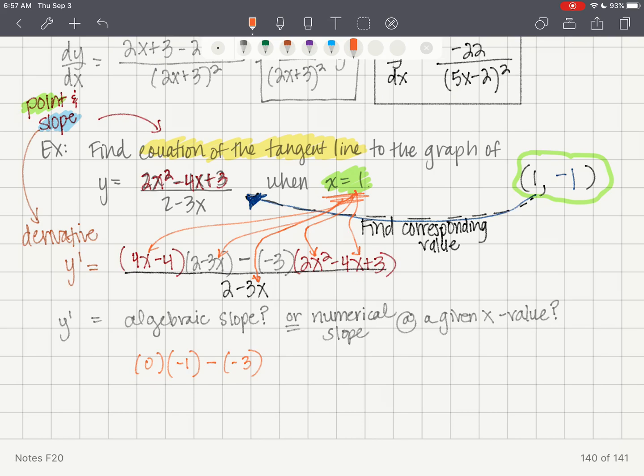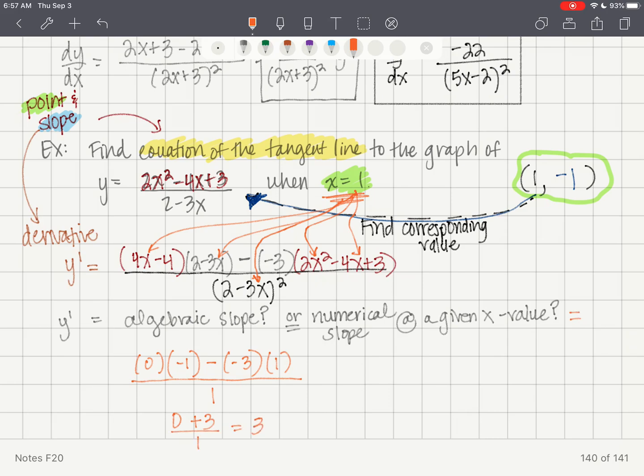Negative 2 plus 3 is 1. And I just realized the denominator is squared. I don't even know if I said that, but that's what I meant. So I've got to go back and fix that, because that's a game changer. You've got to square that denominator. And then that's all over 2 minus 3, which would be negative 1. Negative 1 squared is positive 1. So I've got 0 plus 3 all over 1, which is 3.